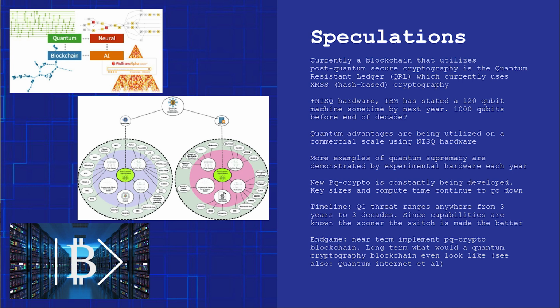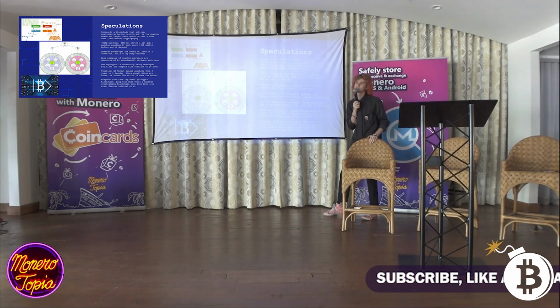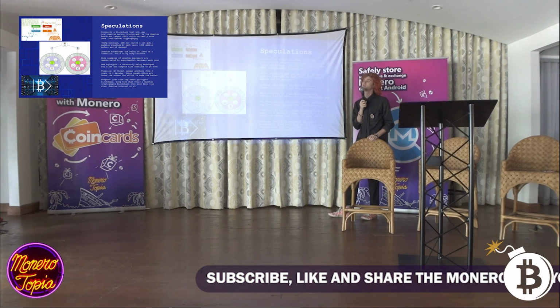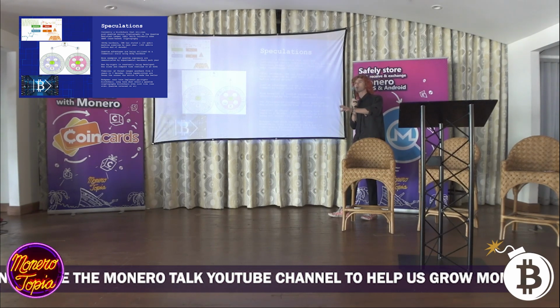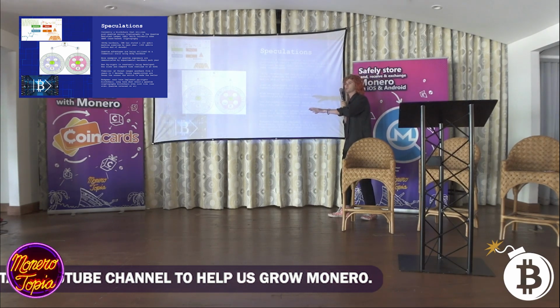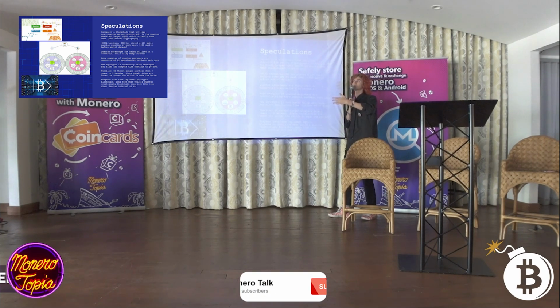And so quantum advantages are being utilized on a commercial scale using noisy intermediate scale hardware. So we're just seeing basic commercial applications, combinatorial optimizations. It's a little bit more efficient to run certain programs on quantum computers than classical computers, commercially speaking.